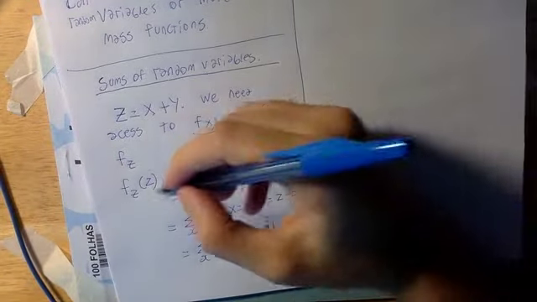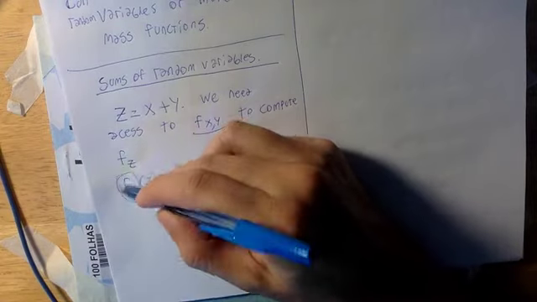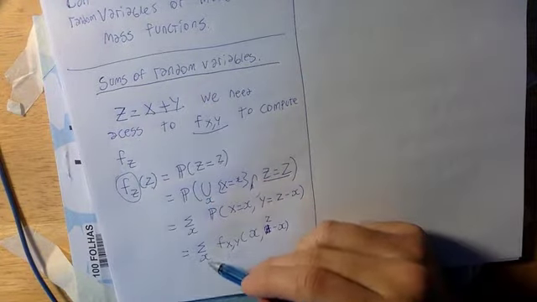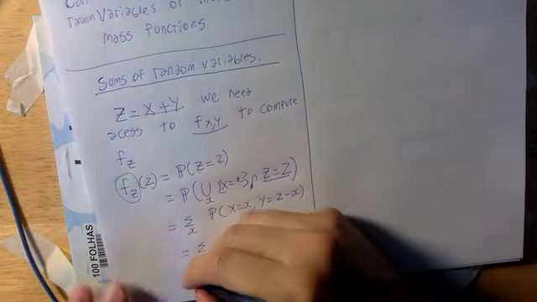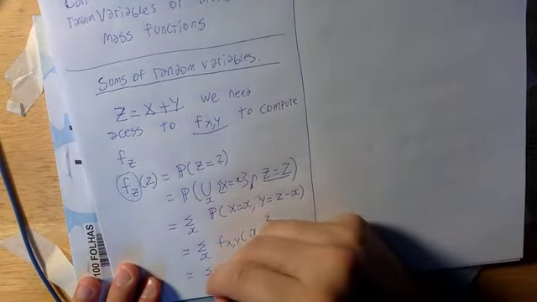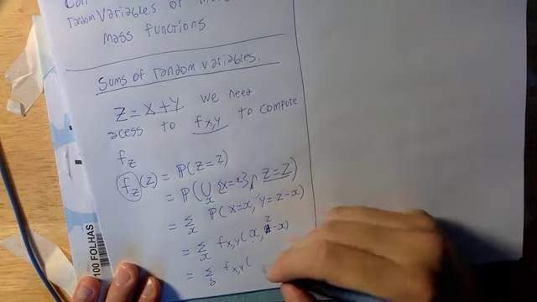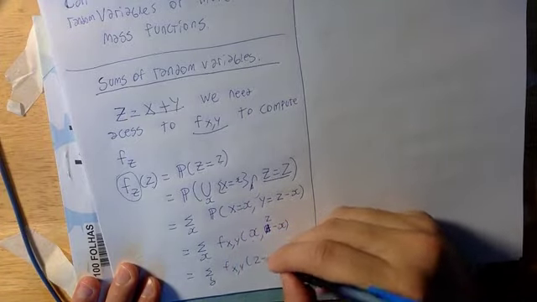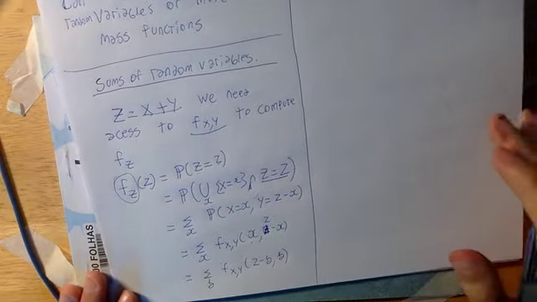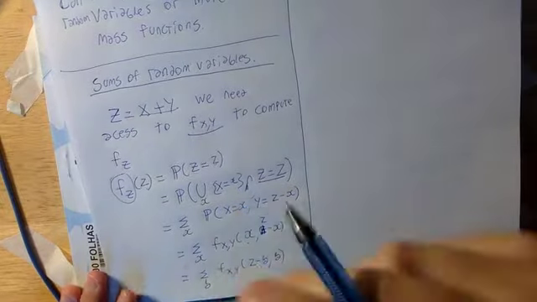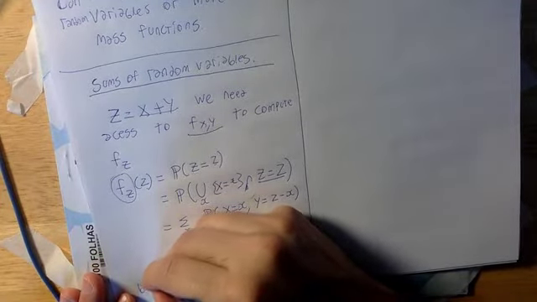So for a fixed value c, the way that we can find the mass function for the sum is by taking the sum over x of f of x, c minus x, and similarly this is the sum over y of f of X,Y at c minus y, y. This is the same, just by symmetry.